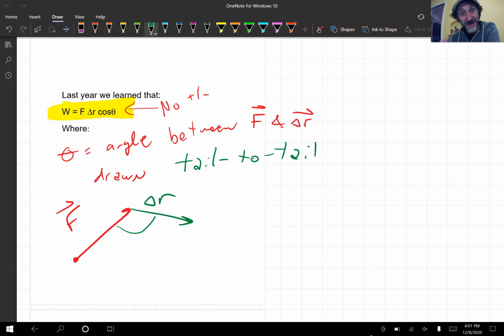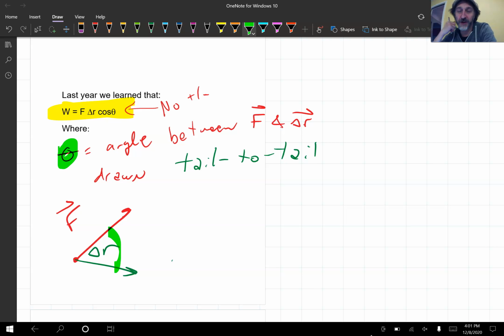So you place them tail to tail, and now this is the angle that you're looking for. Angle between two vectors, you draw the vectors tail to tail. That will be important.